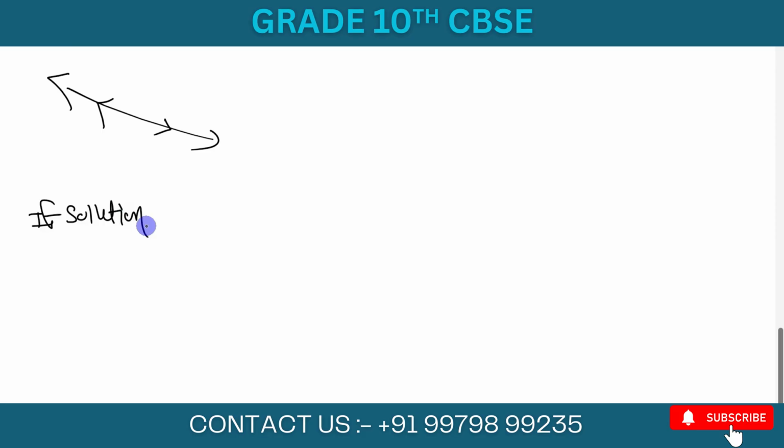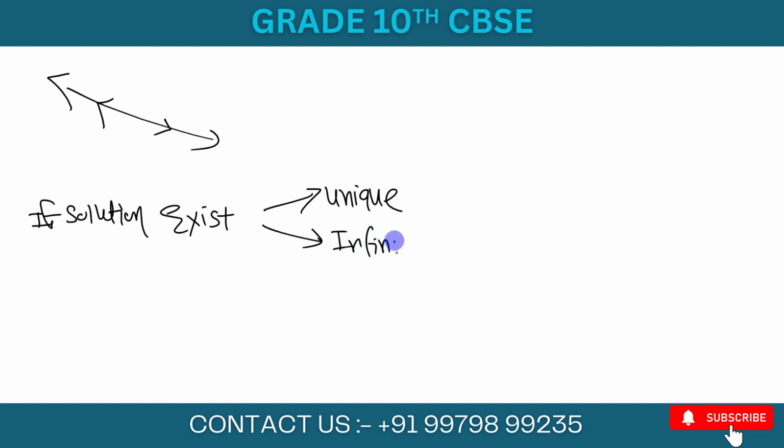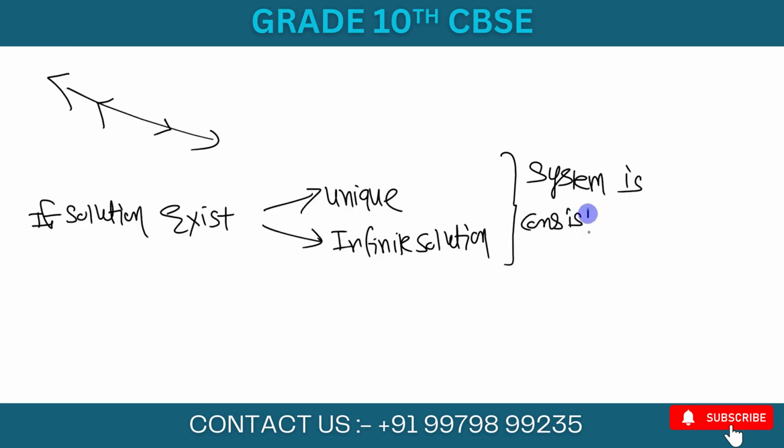In this, one more terminology we need to remember. If a solution exists for a pair of linear equations in two variables, whether it is a unique solution or infinite solutions, then in that case you can say the system is consistent. Those two equations you can consider as a system.